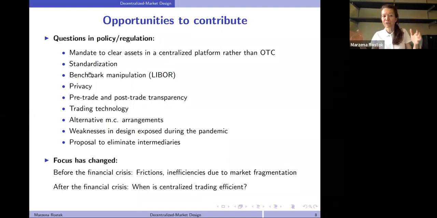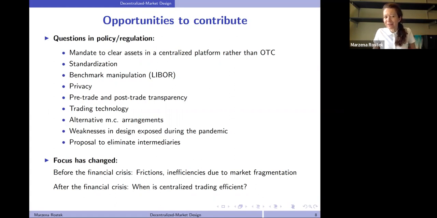The mandate to move assets traditionally traded over the counter to centralized platforms, the difficulty in standardizing these assets to make them suitable for centralized clearing, the incentives of large traders to manipulate benchmark indices, the difficulty in designing privacy-preserving mechanisms, the value of pre-trade and post-trade transparency, new technologies, new market clearing arrangements, and most recently, the weaknesses in the design of treasury auctions exposed by the unprecedented disruptions during the pandemic, and the proposal of the chair of the Security and Exchange Commission 2 weeks ago to eliminate intermediaries between trading platforms and retail investors.